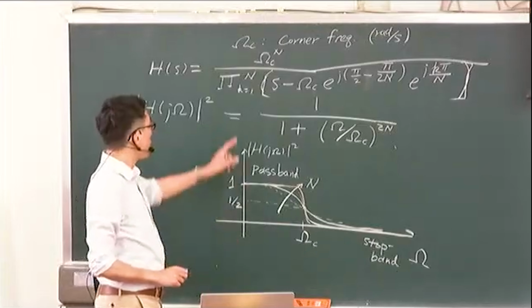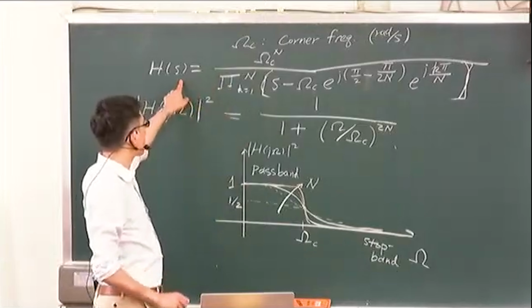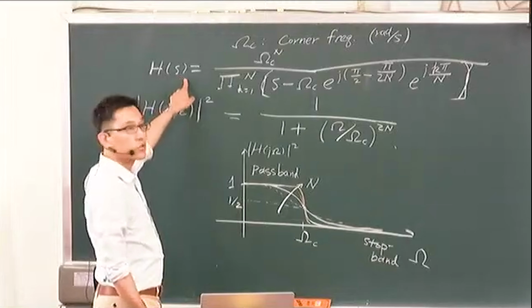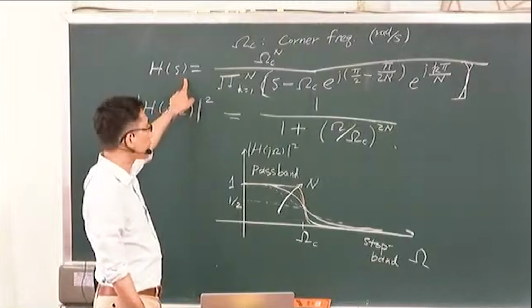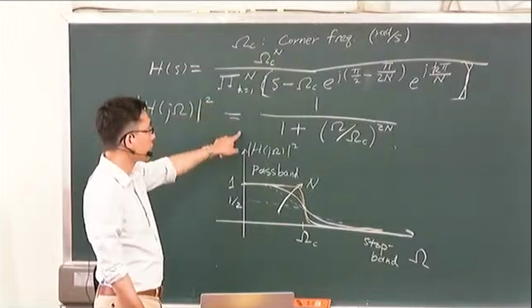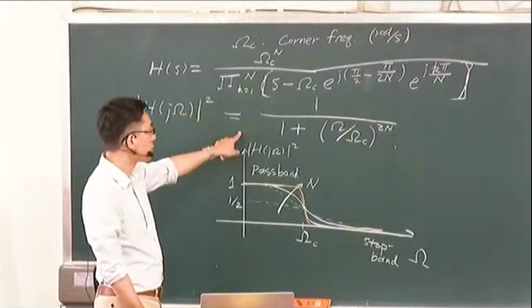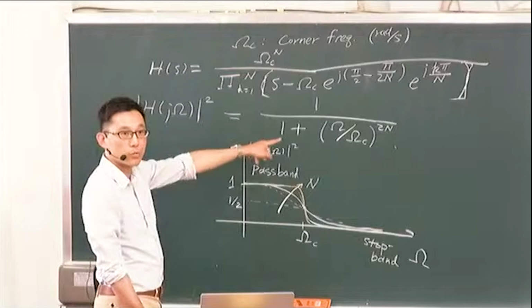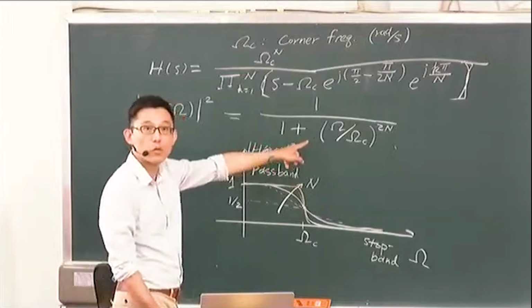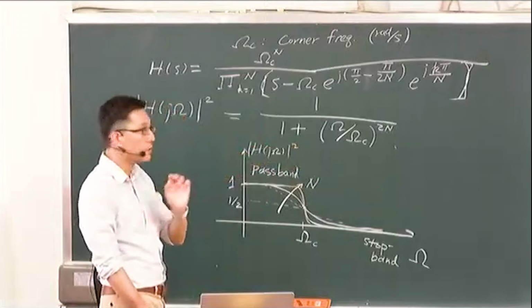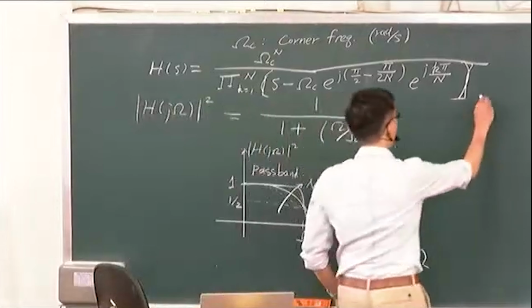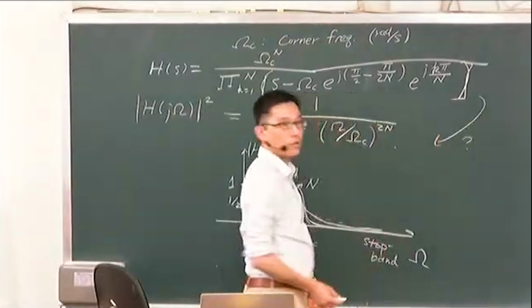So we want to show that, given this system function, or transfer function, how do we prove that indeed its magnitude response decreases monotonically with a simple expression? That's the tough part. So let's work on that. How come?